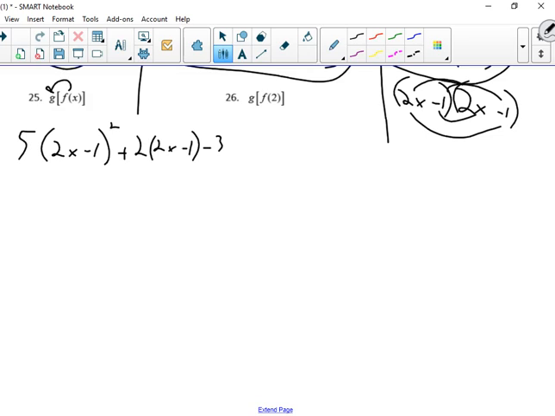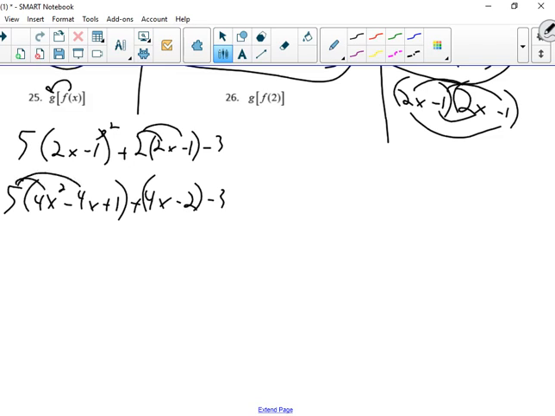Now the nice thing is, we already did this on the previous problem. So that's going to be 5 times 4x squared minus 4x plus 1. We already know that. Plus 2 distributed, 4x minus 2 minus 3. Now we distribute 5.